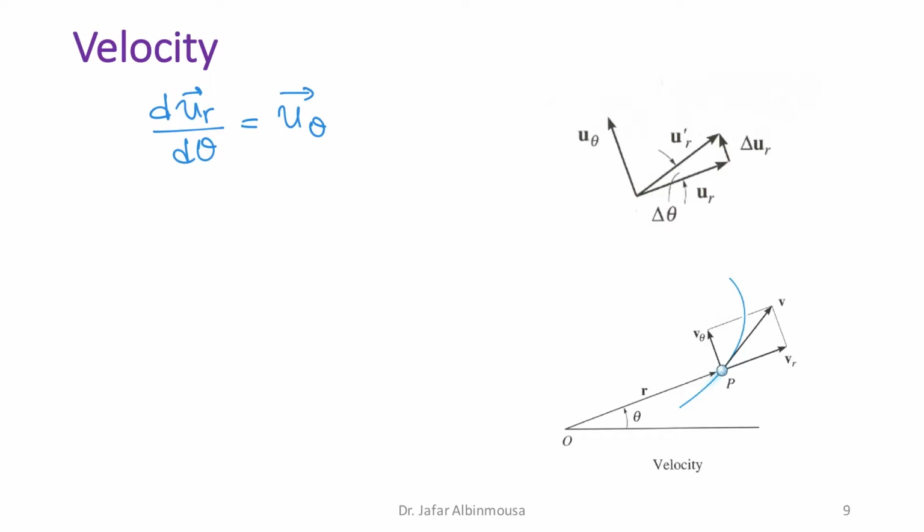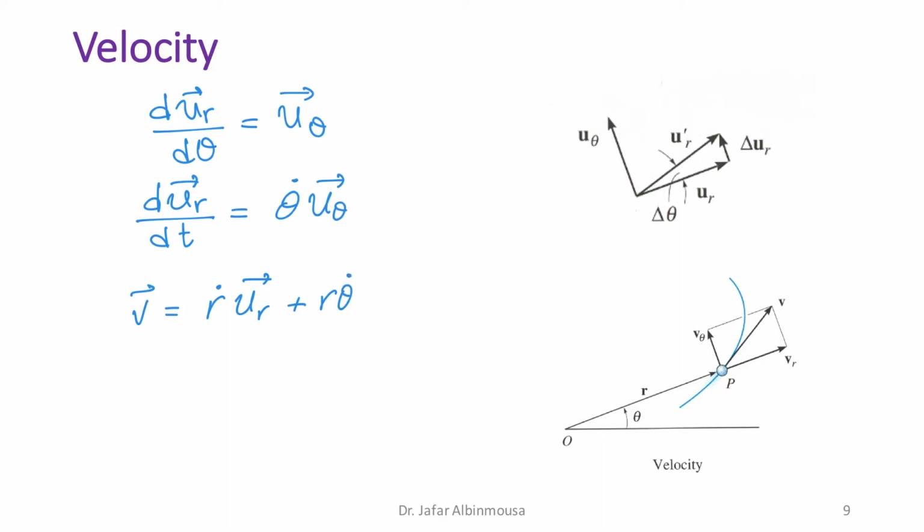But if this is what we get, then dur over dt is going to be theta dot multiplied by u theta. Therefore, we will have the velocity vector equal to r dot ur vector plus r theta dot u theta vector.